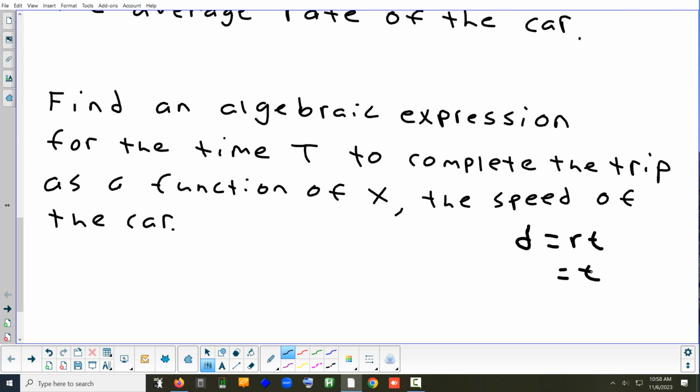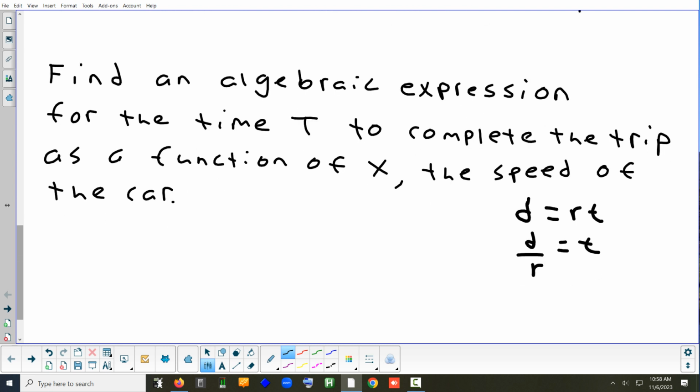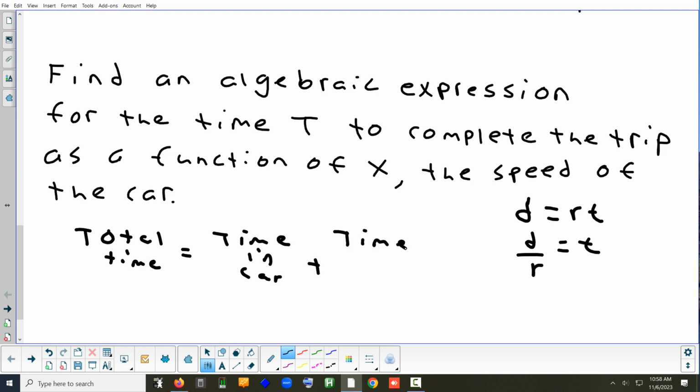You get distance divided by rate. So the big idea is the total time equals the time she spends in the car plus the time she's on the train. That's what we need to translate into an equation.